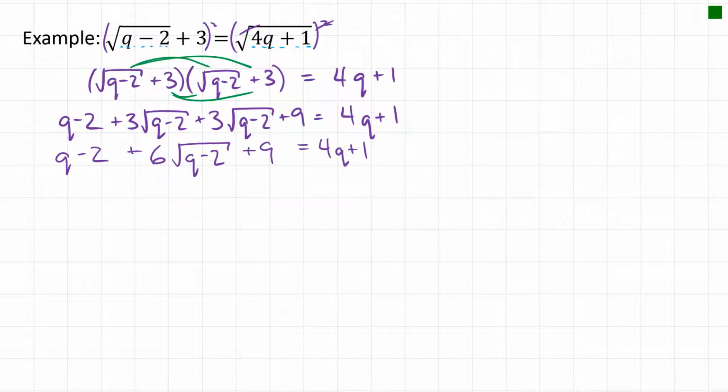And now we're just going to isolate that last radical. So subtract q from here, subtract q, add 2, subtract 9, subtract 9. Let's start there, and I'd be left with 6 root q minus 2 is equal to, well, 3q, and then 1 plus 2 is 3, minus 9 is negative 6.